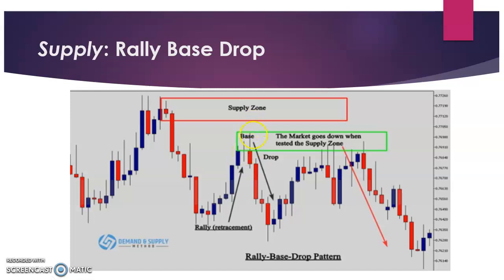We simply mark out the place and look at what happened. The price simply came into that supply zone and plummeted again to the downside. So in this scenario, we have two valid supply zones, supply POIs, that we can actually trade off from.